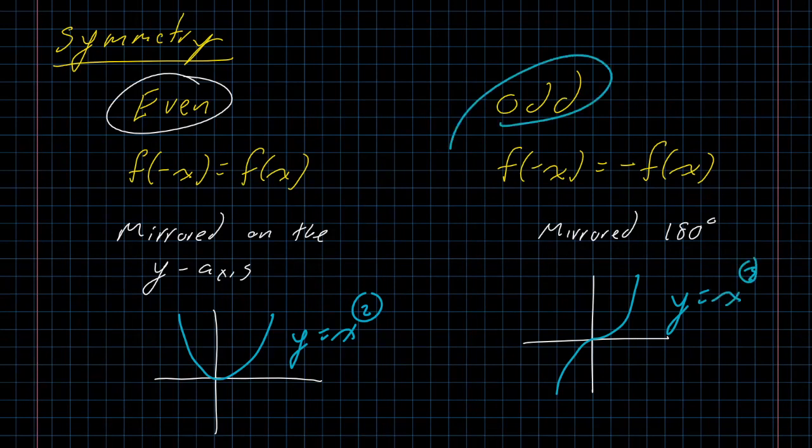A function with an odd exponent, a power function like this, y equals x cubed, always has odd symmetry. But think about twisting this graph half a turn. If you twist the graph half a turn, it gives you the same thing you started with. That's what we're talking about when we say odd symmetry.